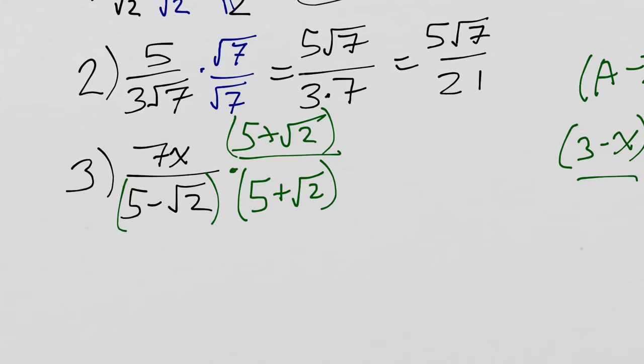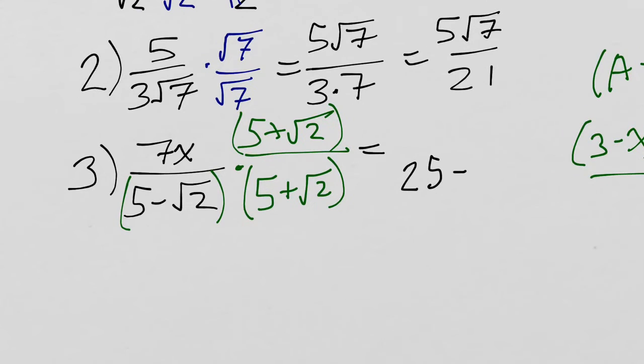In other words, the bottom is whatever 5 squared is, which we know is 25, minus the square root of 2 squared, which is just 2.